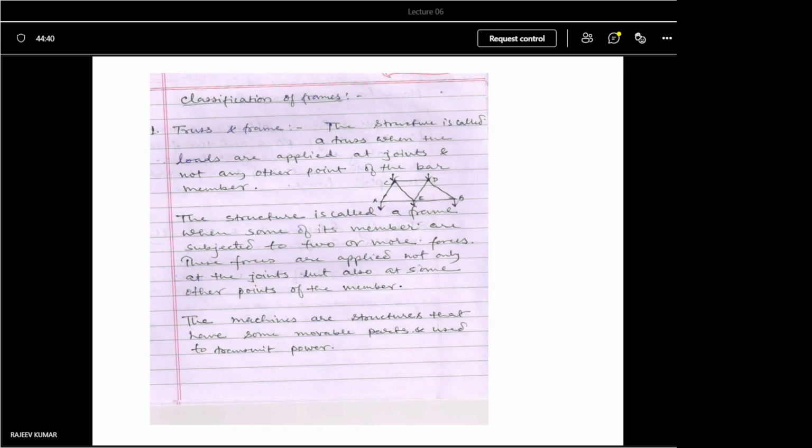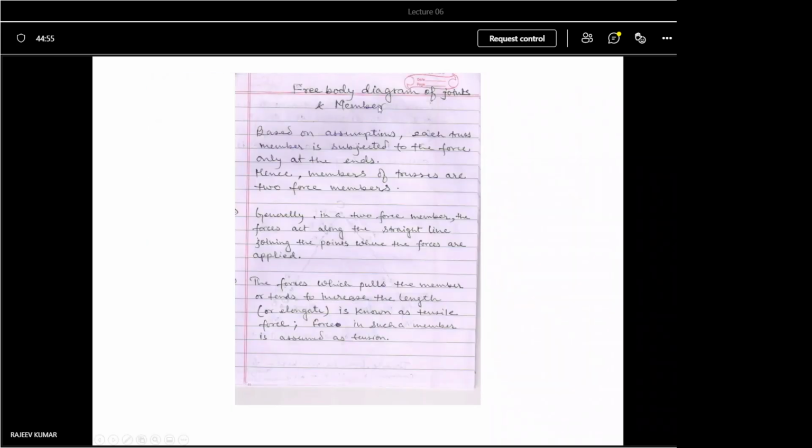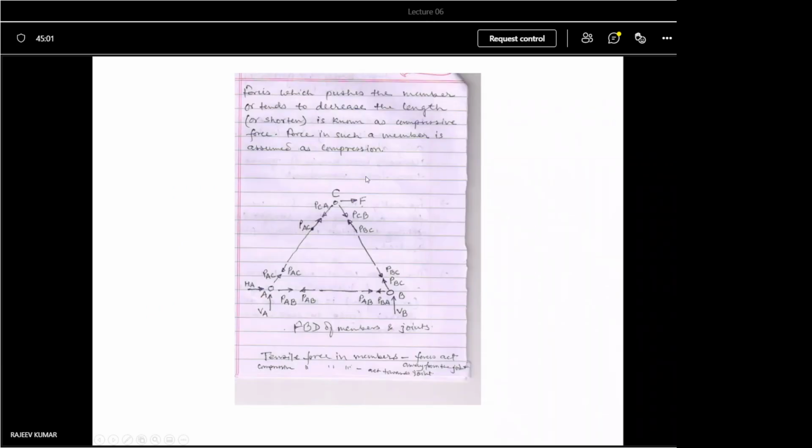The degrees of freedom and these things I will discuss later. First I am briefing you on what a truss is, what you have to do, and what you have to calculate. So, the free body diagram of the joints of a member is what I am discussing.